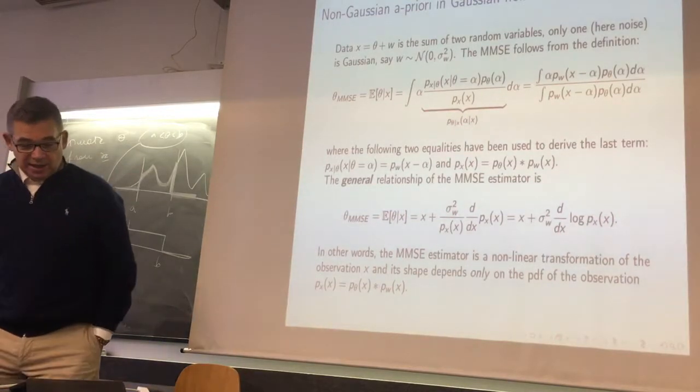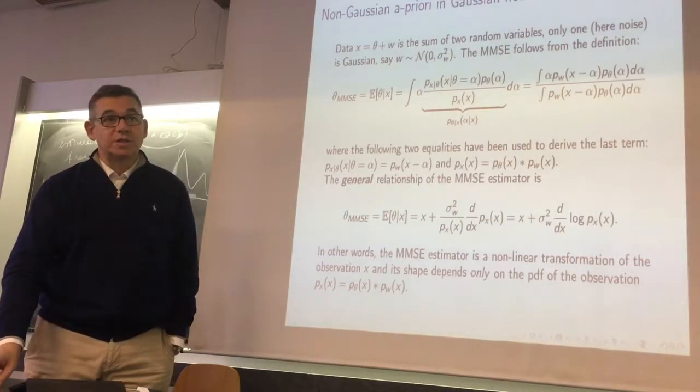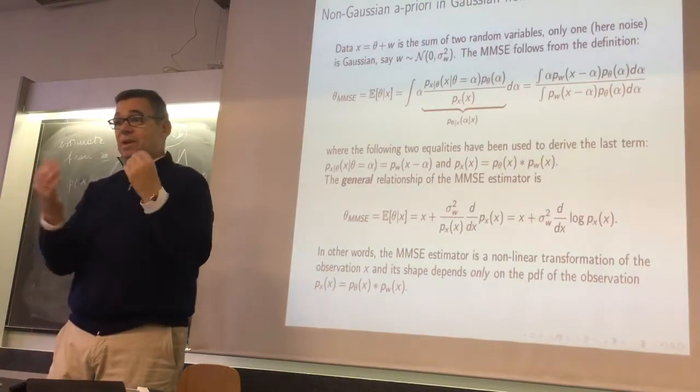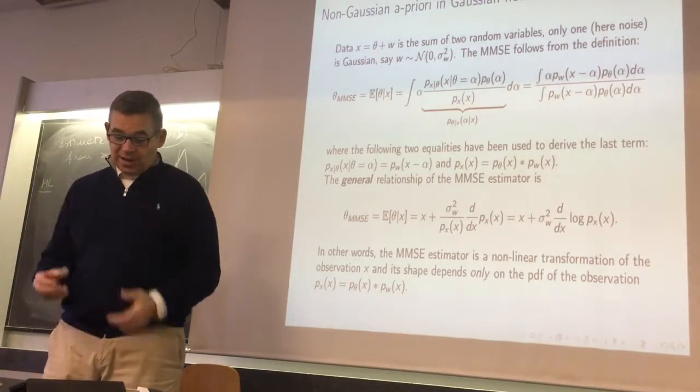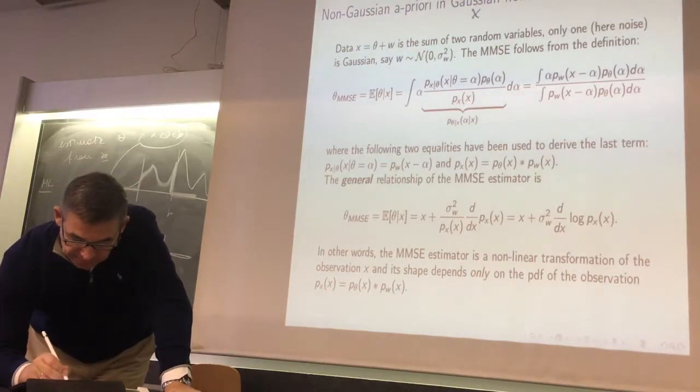Now, let's look at the case where I have a non-Gaussian a priori and Gaussian noise. So let's consider the model where I have a measurement x, and x is equal to theta plus w.